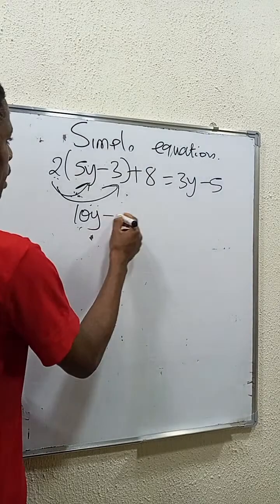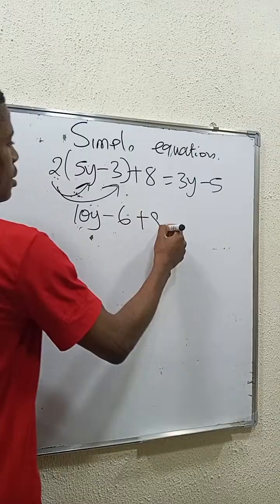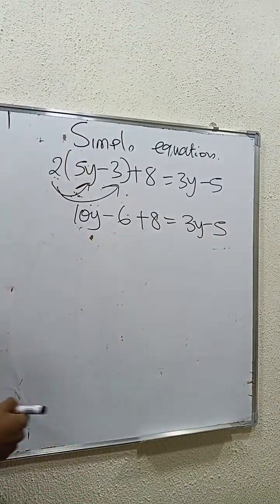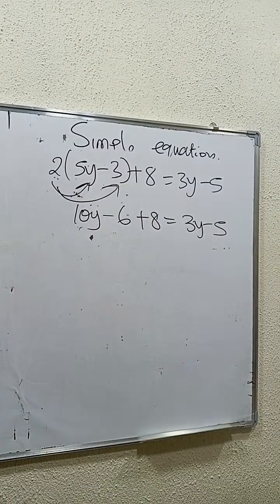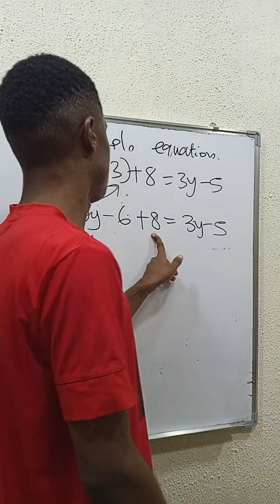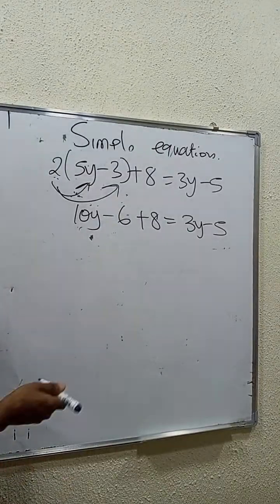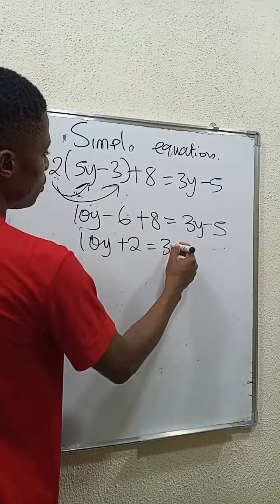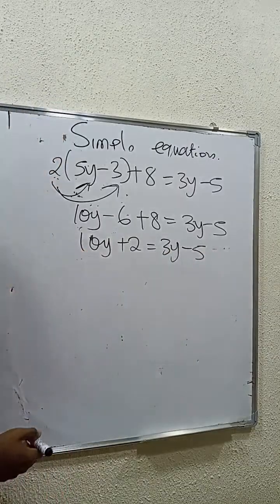It will be minus 6 plus 8 is 3y minus 5. Okay? So the next thing is to do minus 6 plus 8, which is 2. So you have 10y plus 2 is 3y minus 5.